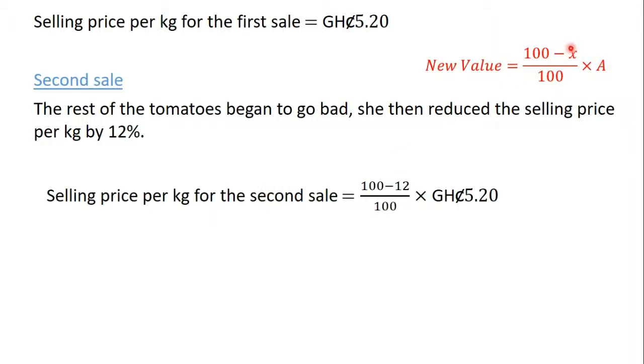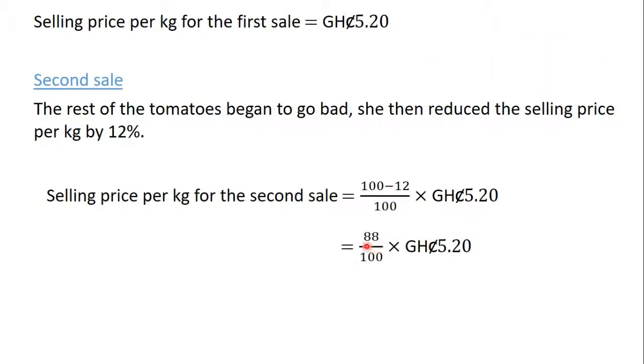If we are applying this here, then the selling price per kilogram for the second sale, that is for the second part of the tomatoes, is going to be, so we are going to reduce 5 Ghana cedis 20 pesos by 12%. And this will give us 100 minus 12, here X is 12, divided by 100 times the quantity, which is 5 Ghana cedis 20 pesos.